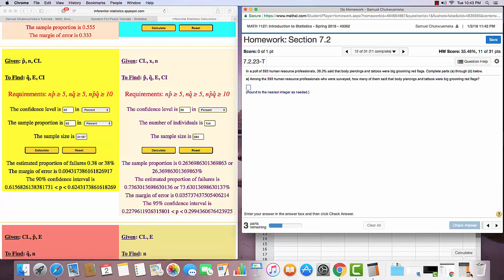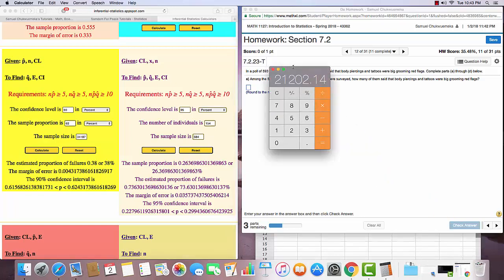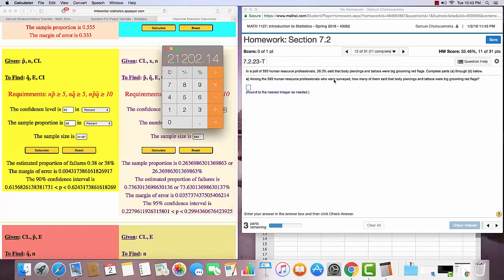So I'm happy we still have our calculator here. So this is just 39.3% of this. Okay. So this is 0.393 times 593 equal to. So round to the nearest integer.